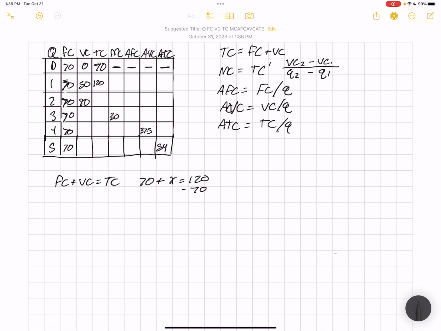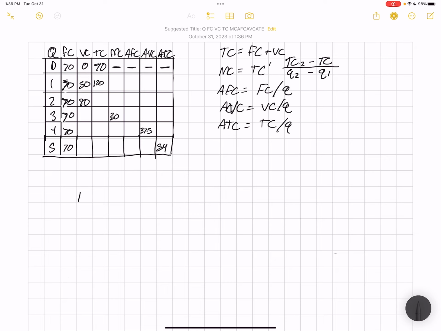So next is our marginal cost, and again, that's going to be the difference between our total cost previously and our total cost now. So our total cost previously equals 70.